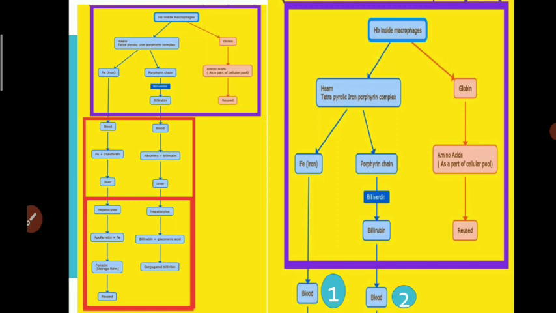So the iron gets released and the porphyrin chain is then converted into biliverdin and finally into bilirubin within the macrophages. So basically the macrophages will break the entire heme group, that is the tetrapyrrolic iron porphyrin complex, into a porphyrin chain which is converted finally into bilirubin, and the iron is released. Both bilirubin and iron so formed inside the macrophages will be released into the blood.